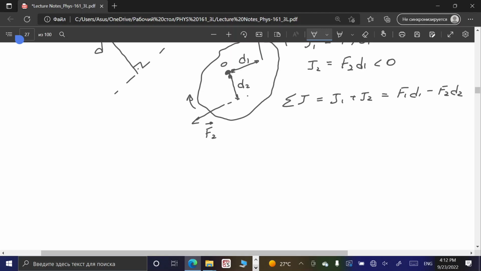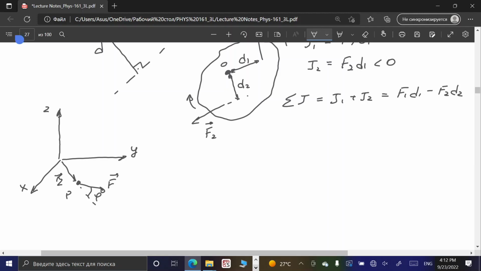So let us define also the orientation of the torque vector. We have some three-dimensional system of coordinates, x, y, z. And let's say we have some point P. Here is exerted force F. And here is the position vector, which defines this force. So there is some angle between them.